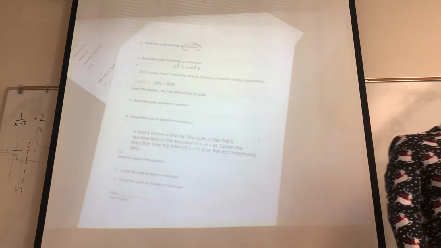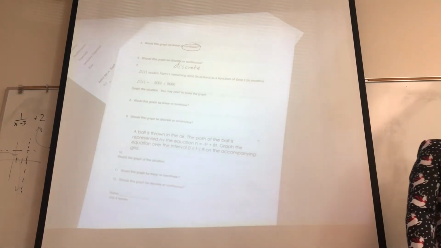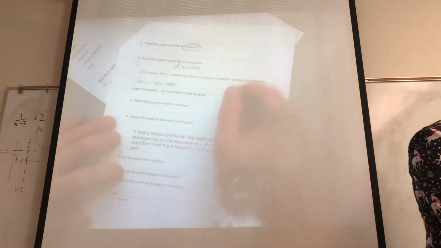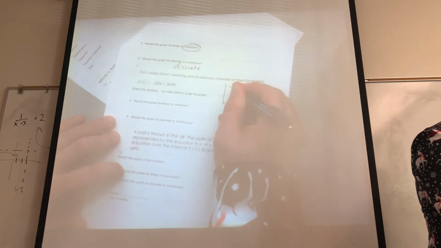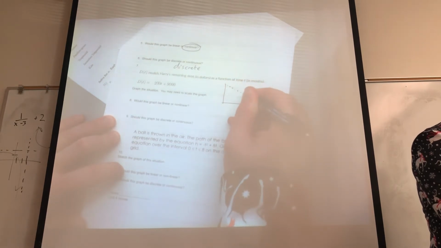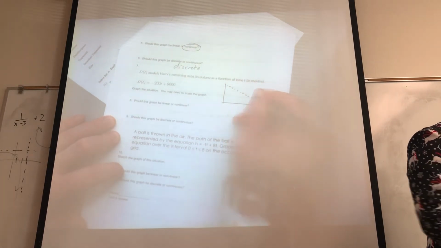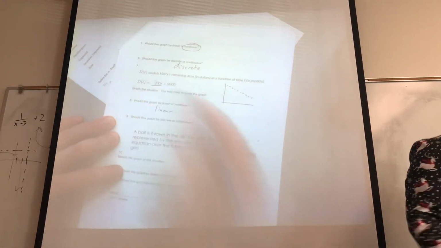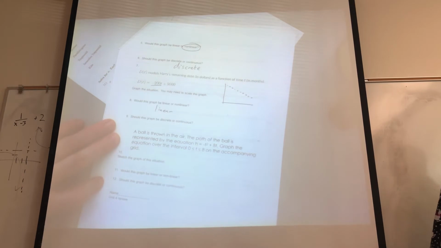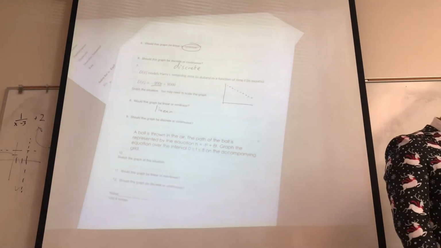D of T models Harry's remaining debt in dollars as a function of time. Graph the situation. If you scale the graph out on this one, it's kind of like this. He's paying $200 a month. Is this graph linear or nonlinear? It's definitely linear. He's going to be paying $200 every month on that total debt of $9,000.